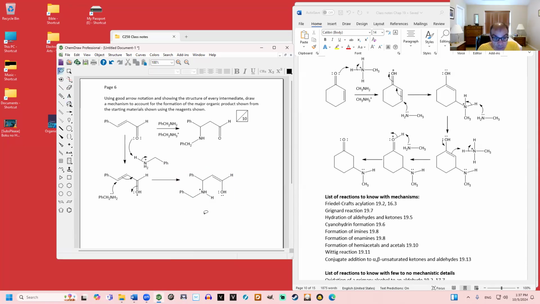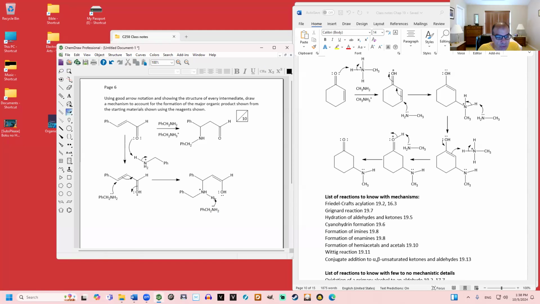The next thing that jumps right out at us is that plus charge on nitrogen. We want to get rid of that. And so that's why in the next step, we have deprotonation of that nitrogen using the amine that we're given as the base. We will use benzylamine, right over here, as our Bronsted-Lowry base.